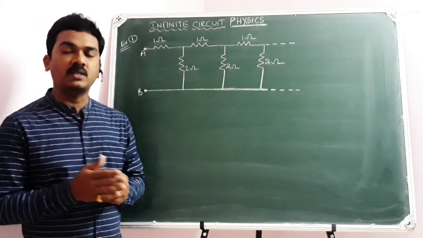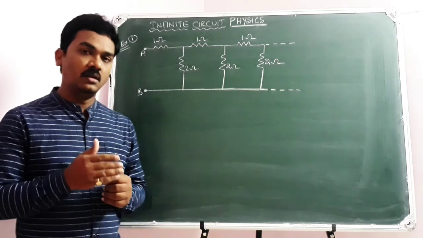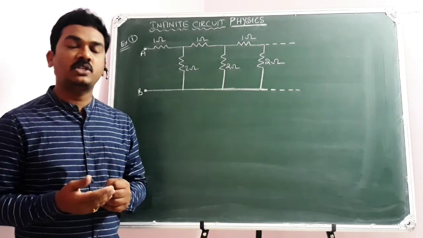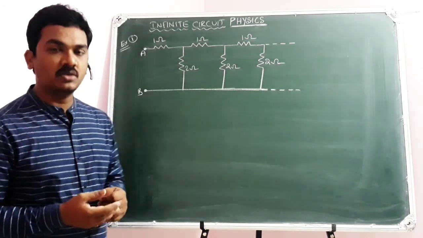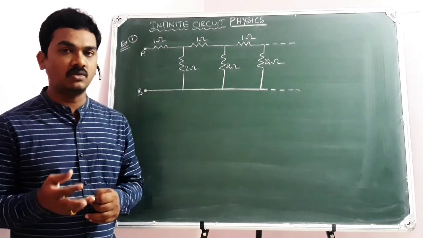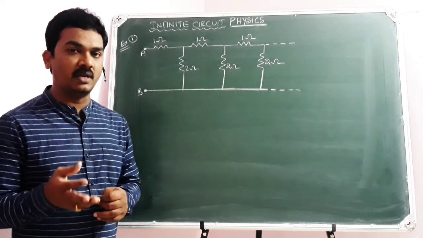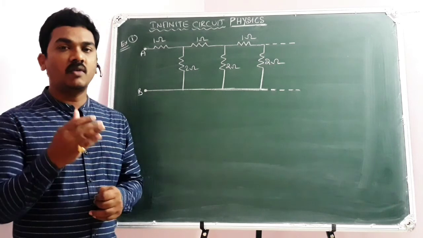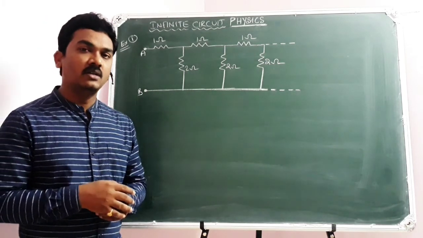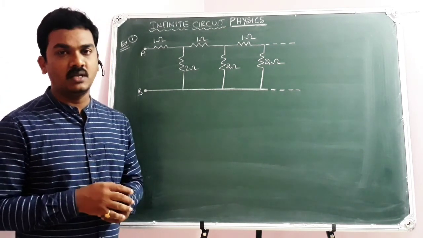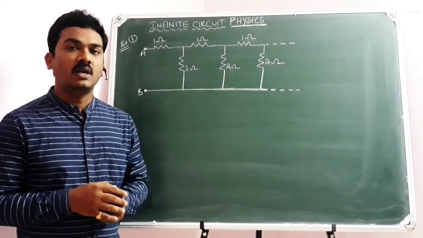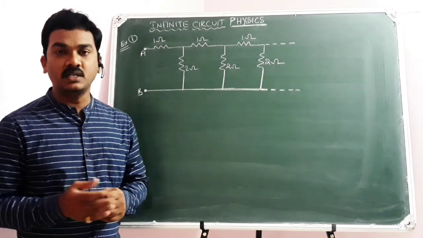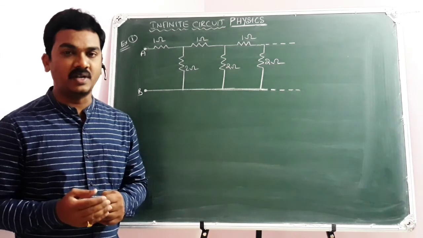When it is not possible, then we try to check for a balanced Wheatstone bridge circuit, when R1 by R2 equals R3 by R4, then equipotential points can be identified, so equivalent resistance can be taken. Next, the other point is using the concept of symmetry.